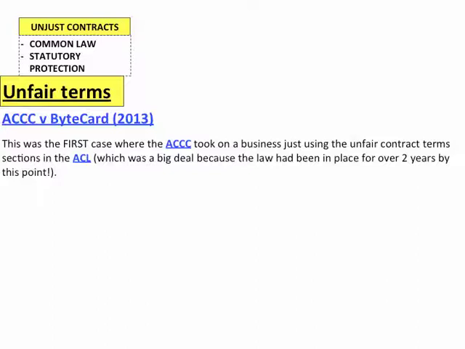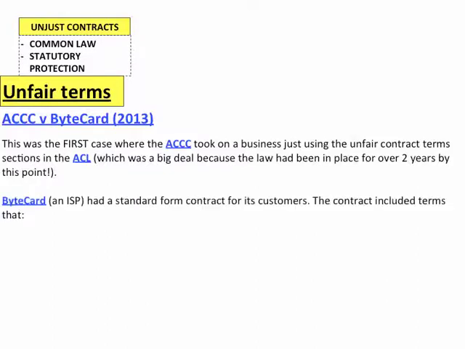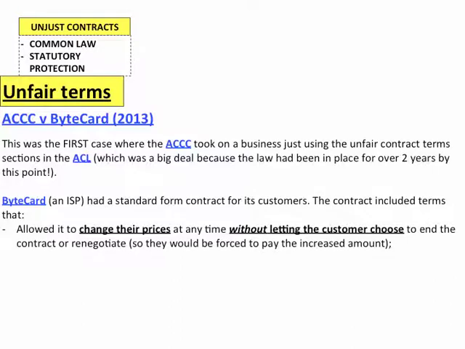So the background of the case was that ByteCard had a standard form contract for its customers, right? And the contract included these awful terms. So things like, they said that we can change our prices without letting the customer choose to cancel the contract or renegotiate it. Phone companies have been guilty of the same thing.